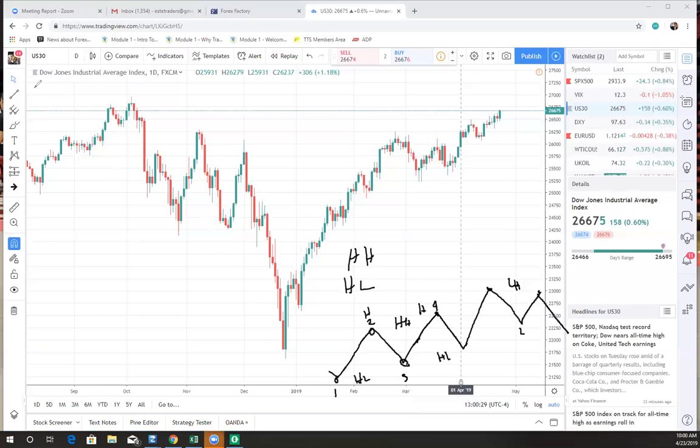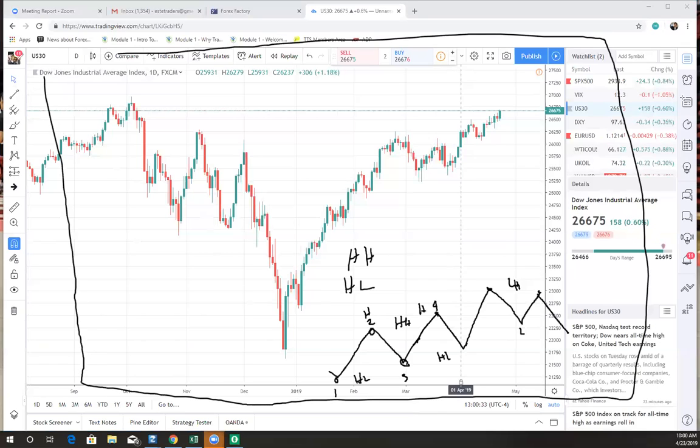So if we're going through all this and looking at the whole chart right here, it is also imperative to determine the major pivot points and the minor pivot points. If this is the last high, which is now your major high, where is your major low? This is your major low.